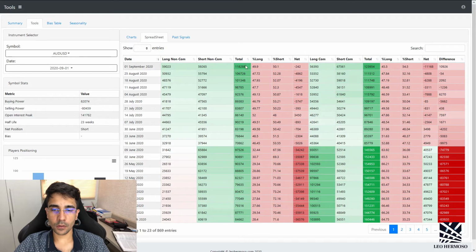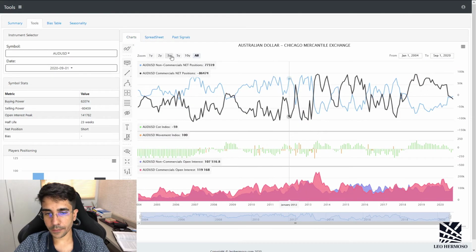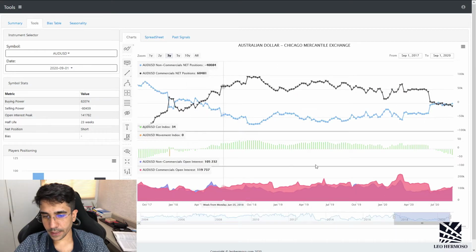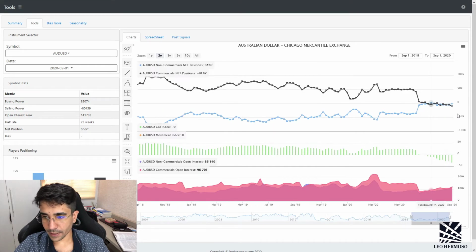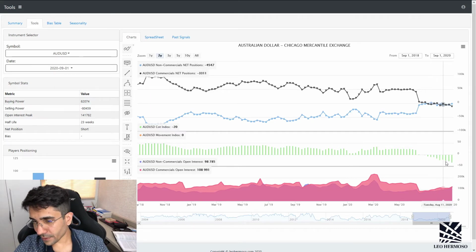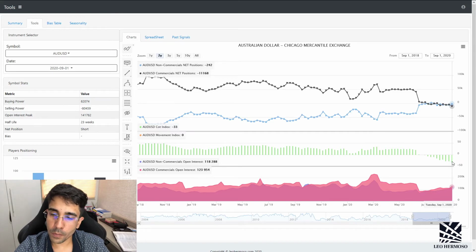So non-commercials are not kidding about buying the Australian dollar, and neither are the commercials about selling it. On the chart, on the COT index, this is interesting because we have barely any movement on the net positions, but we are seeing an increase in open interest, and yet we haven't seen the selling climax that is what is going to mark the top.